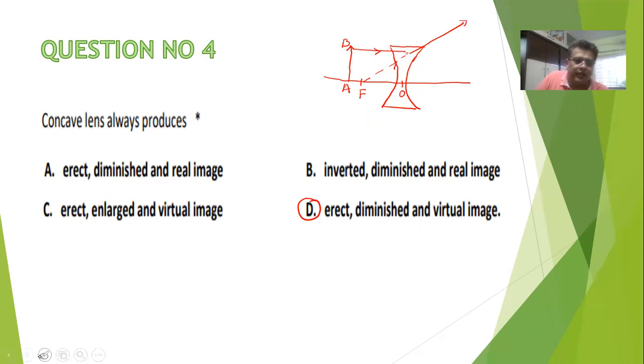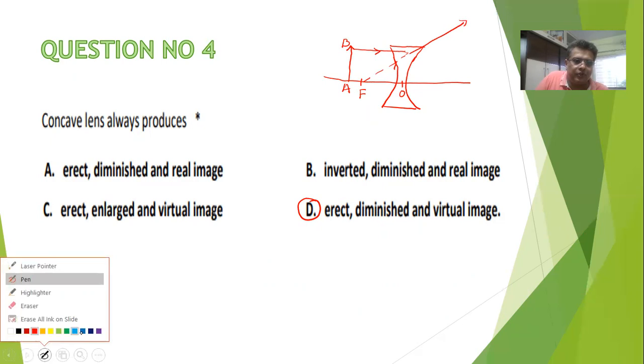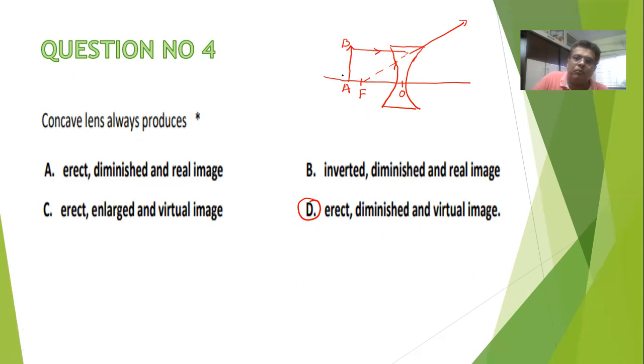One more ray, I will show in a different color so that you can understand in a better manner. One more ray which will be going from the object through the optic center, like this one. Of course, a scale would give a better picture.